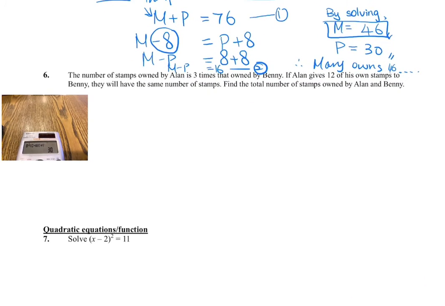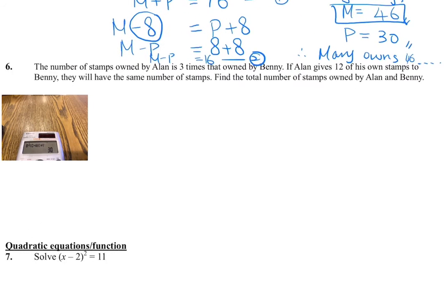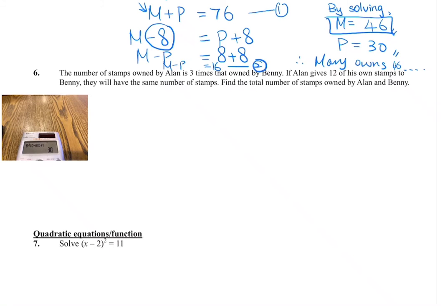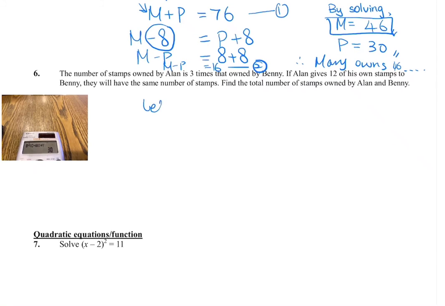So let's try one more question to see if you really understood it. This one. The number of stamps owned by Alan is 3 times that owned by Benny. So let Alan's stamps be A, Benny's stamps be B. Please write in English, not just like that.